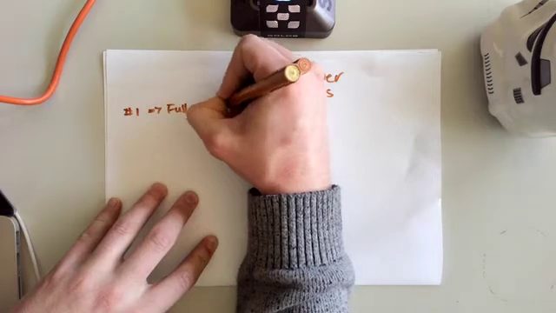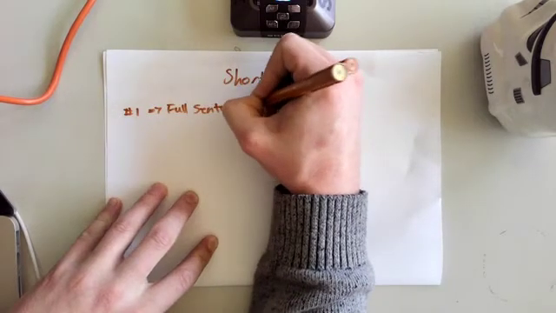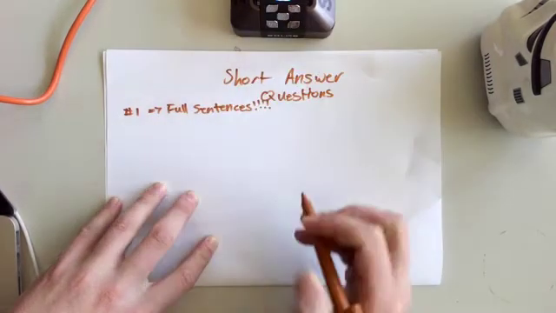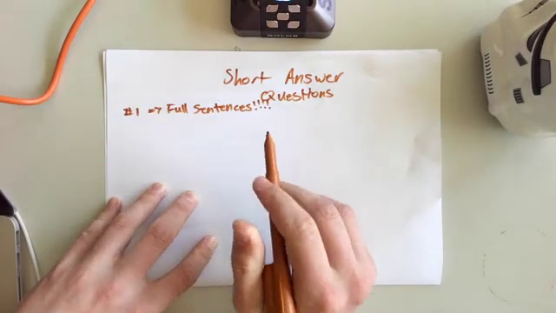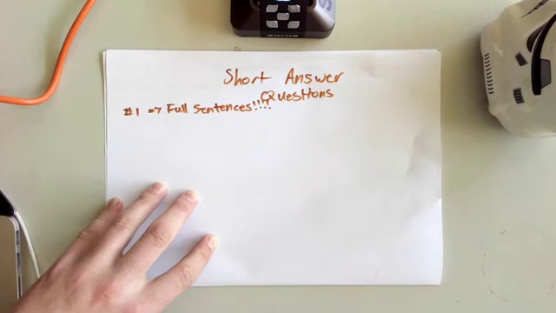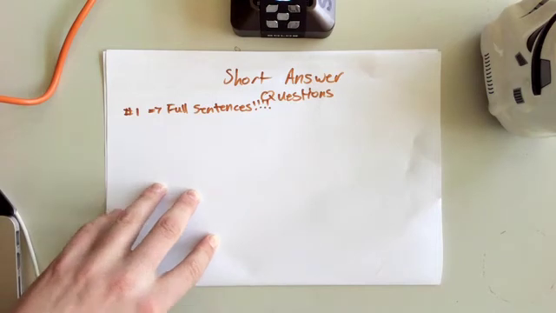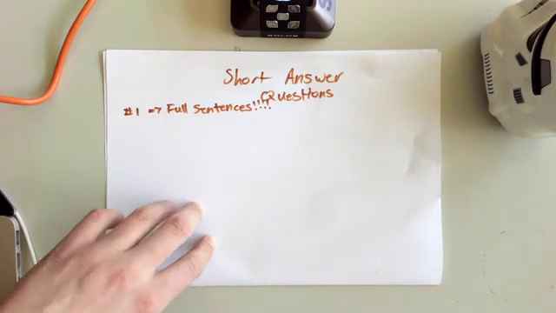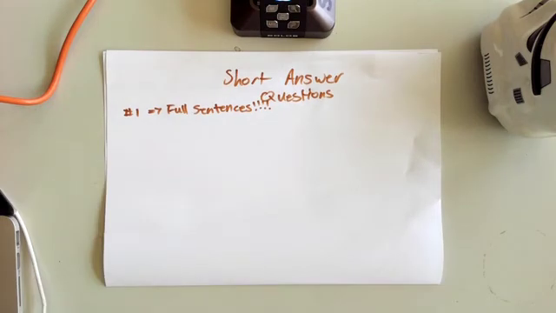Now, I won't accept anything that isn't written in full sentences. And what that means is that I could pick up your answer and read it without the question in front of me. I could pick up your answer and it would make sense without any understanding of what A Knight's Tale was or any understanding of what your question was.